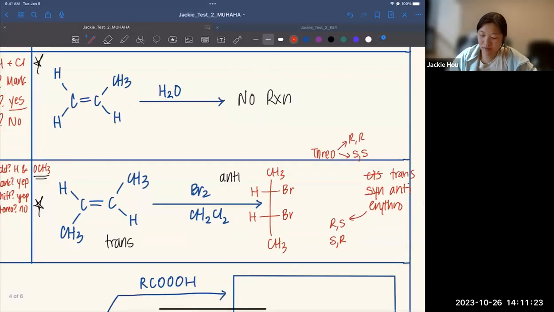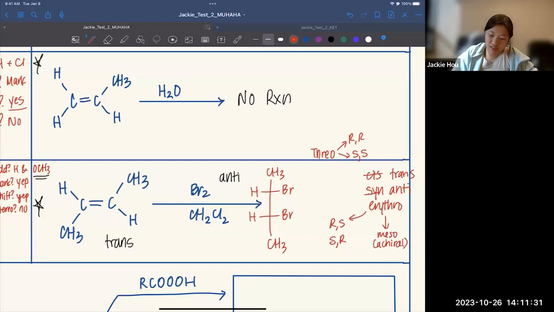And erythro compounds have the possibility of being meso, meaning that they are achiral and have a plane of symmetry. In this case, we do have a plane of symmetry that goes through the middle like this, so this would be considered achiral. That's just something to consider if they ask anything about meso compounds.